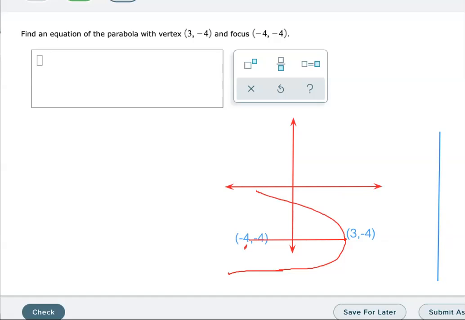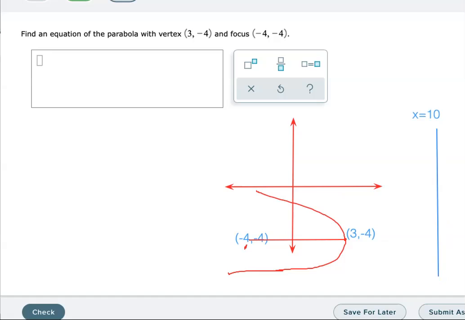So if they had given you the directrix at x equal to 10, you'd say, I know the distance from 3 to 10 is 7.